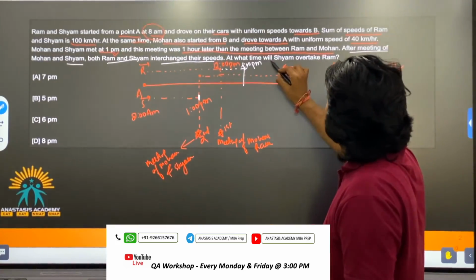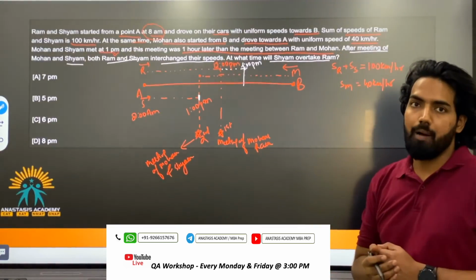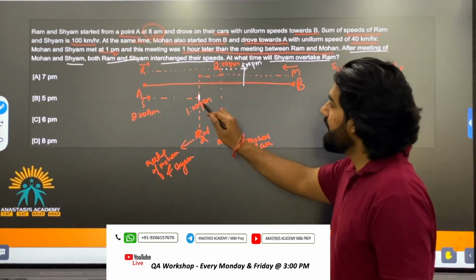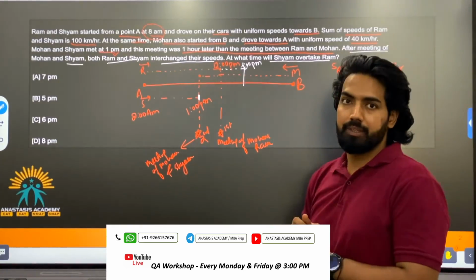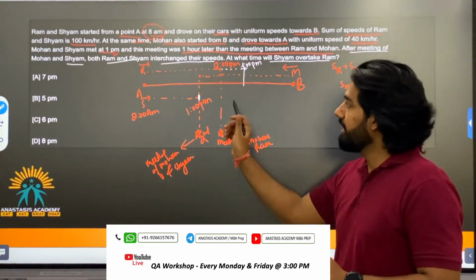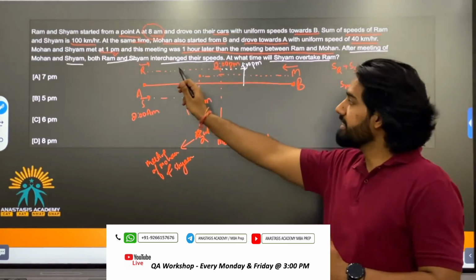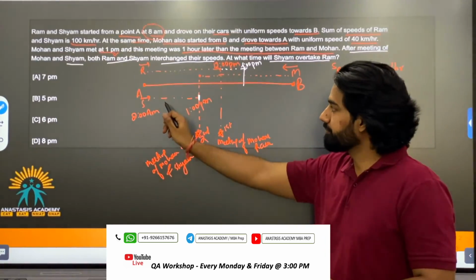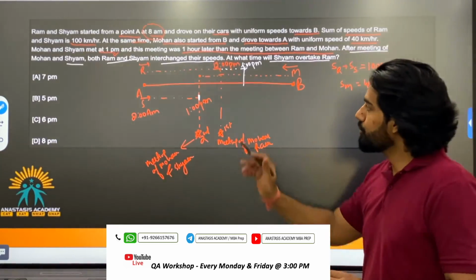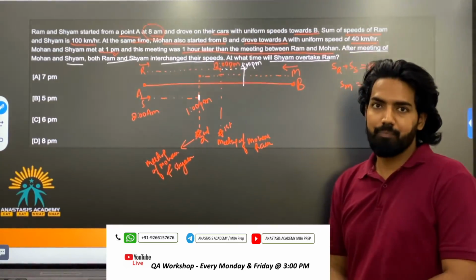At what time will Shyam now overtake Ram? So we have to find at what time Shyam will overtake Ram. Shyam will overtake Ram because now the speeds have exchanged. Ram earlier had the greater speed. Now Ram's speed becomes Shyam's speed, so Shyam will overtake Ram.